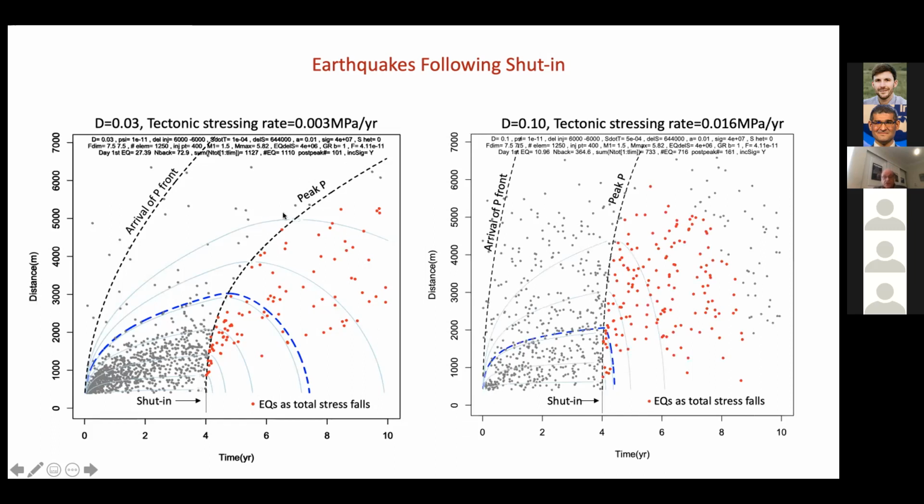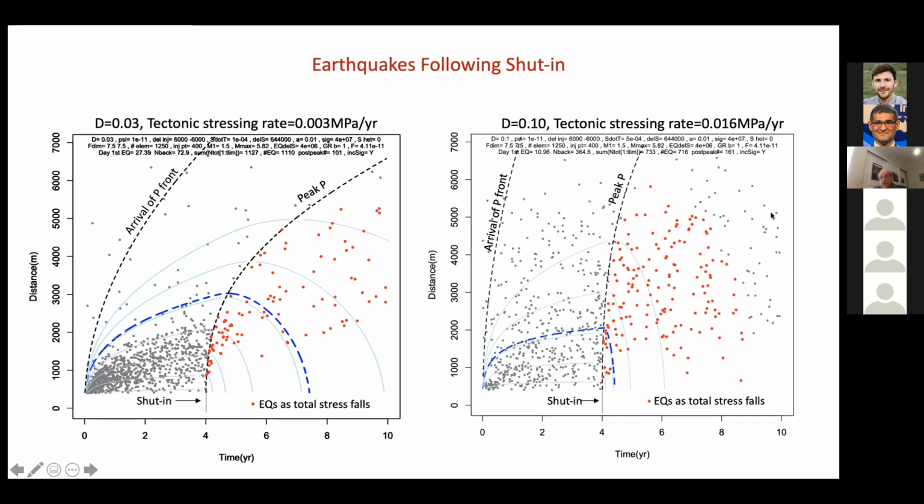But just for computational reasons, we can do a similar simulation, but in this case, we increase the diffusivity, so the pressures change faster, and increase the tectonic stressing rate compared to this other simulation. So the pressure front has much steeper curves, but here you see that the red events that occur as the total stress is falling go on for a finite time.